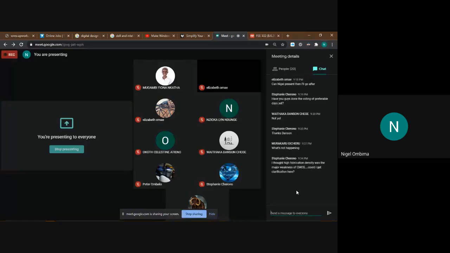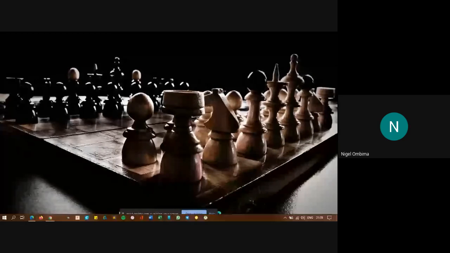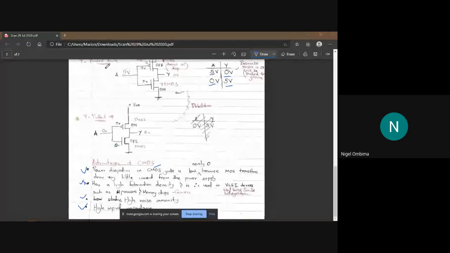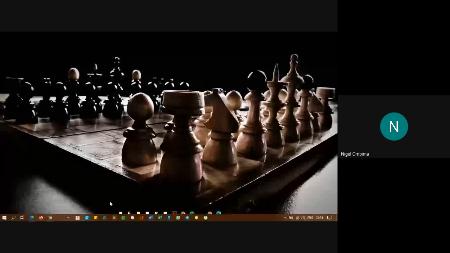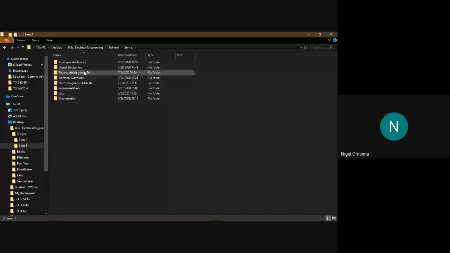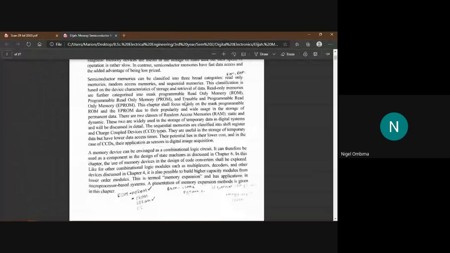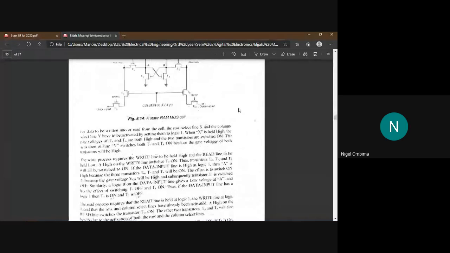It's an advantage actually. It's in his book. As an advantage of CMOS, I don't know if it's in his book, let me look for it. Just a minute. A minute.